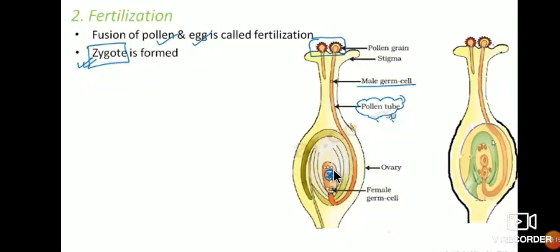In the ovary an egg is present. So the pollen is transferred from the stamen to the stigma, and the fusion of that pollen and egg is called fertilization. After fusion, a zygote is formed.